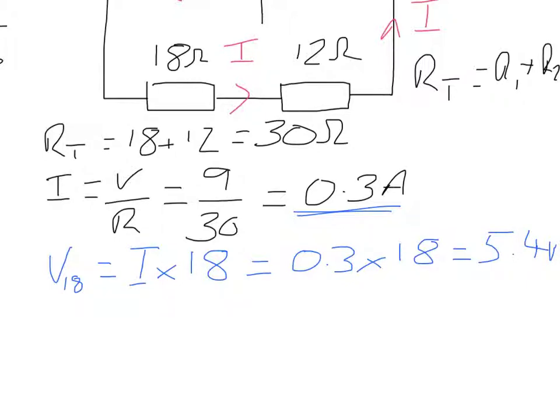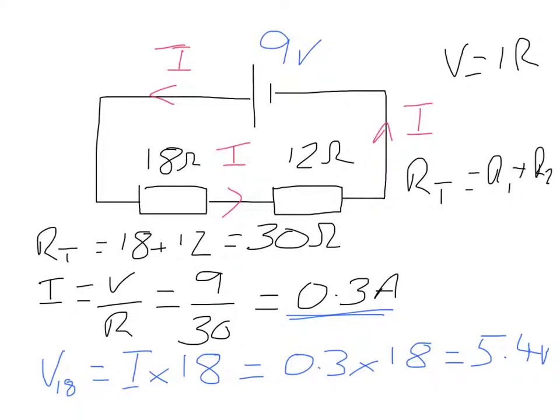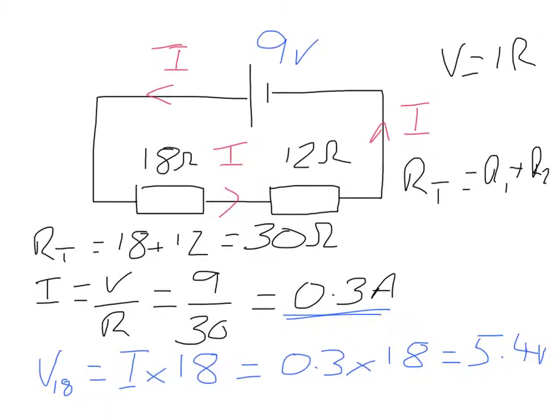And as it's a potential difference of 5.4 volts, if we look back up at our circuit, we know that at this point here we have a voltage of 9 volts, because it's directly linked to the positive terminal of the battery. Therefore there will be a drop to this point here of 5.4 volts.